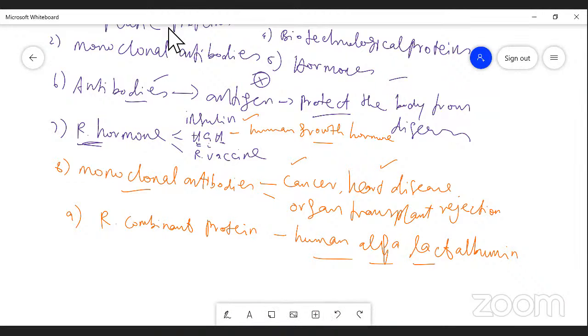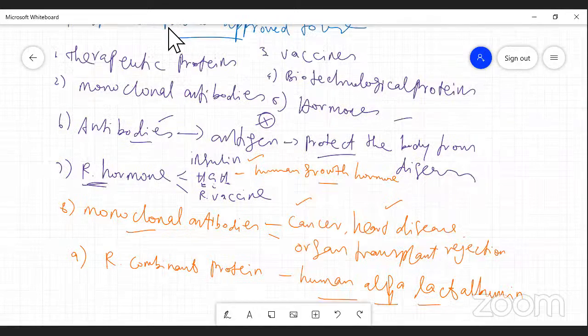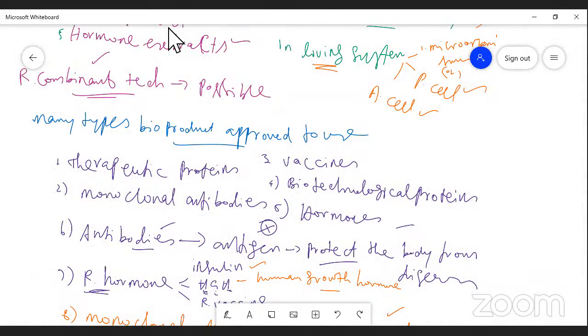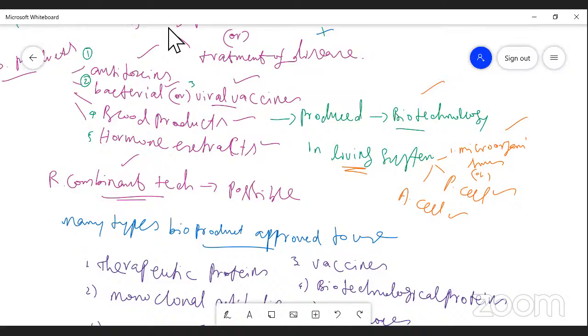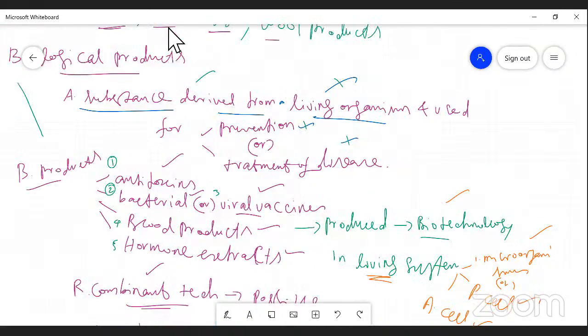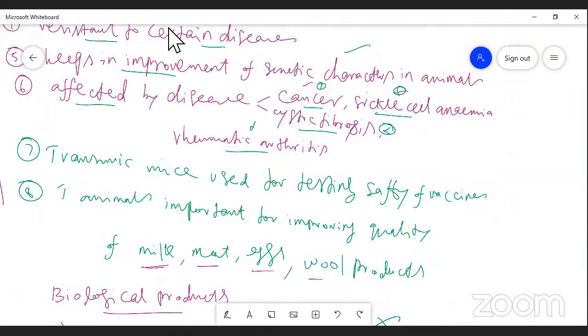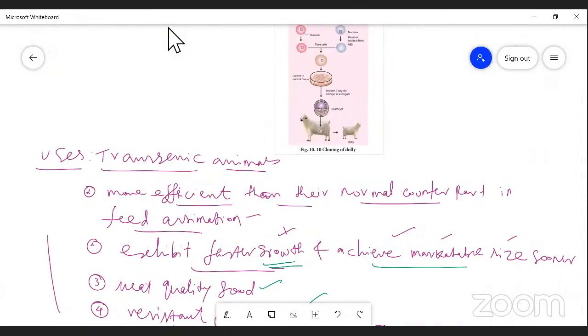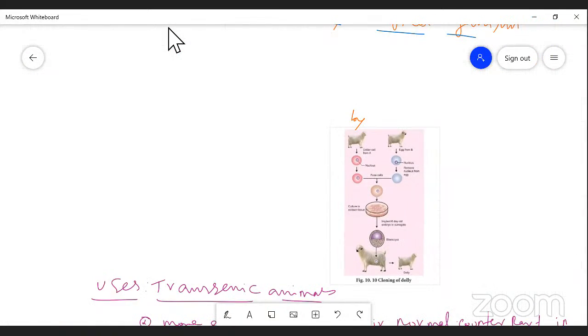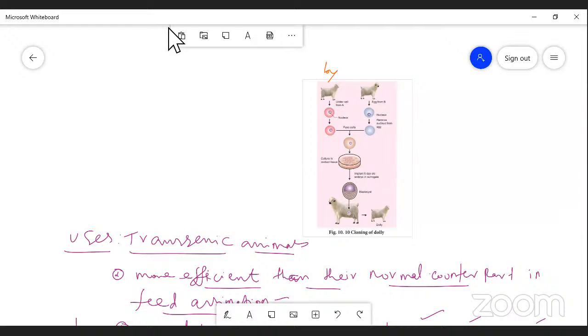Next we go to cloning of animals. Cloning is a process by which genetically identical individuals or organisms are produced.